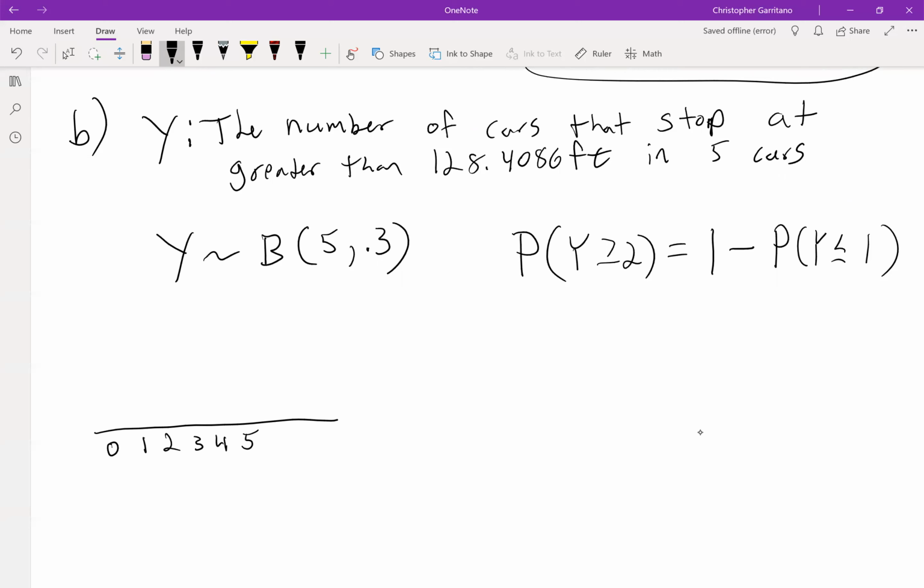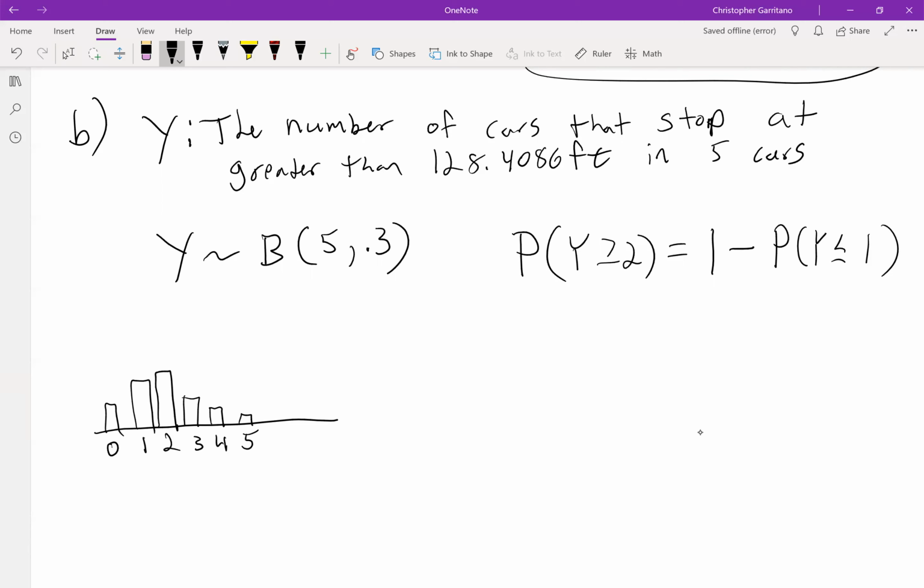This is a discrete random variable, okay? Each one of these outcomes has its own probability. I'm not going to calculate the actual probabilities, but I would imagine it looks something like this. Something along these lines. All right.